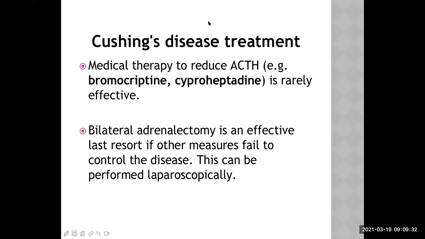And one important use of cyproheptadine in clinical practice is when the person loses appetite, when the person develops anorexia without any known reason, we can try cyproheptadine for a short duration so that it can stimulate hunger. But it has some side effects. You all know it's an antihistamine drug, so long-term use is not advisable.